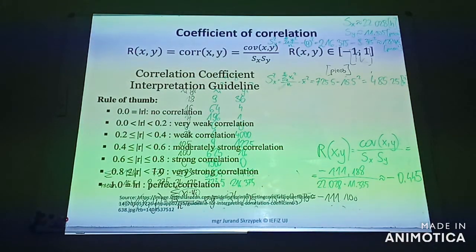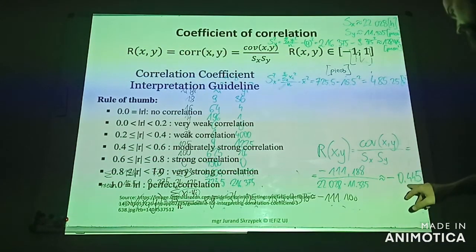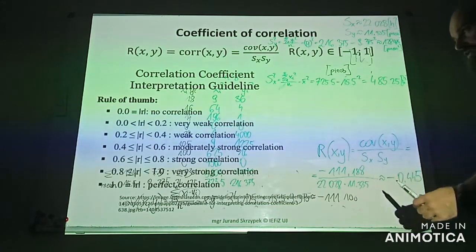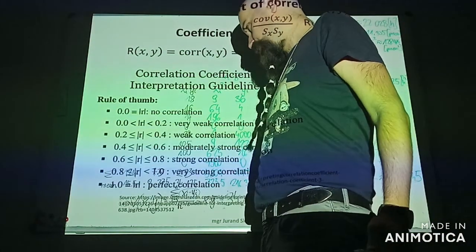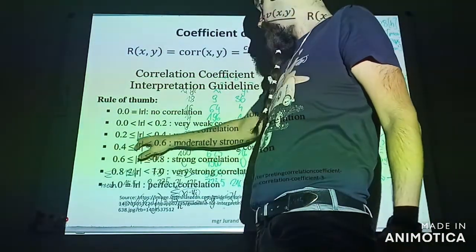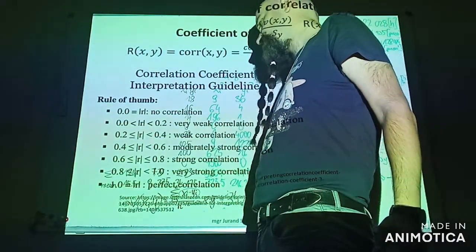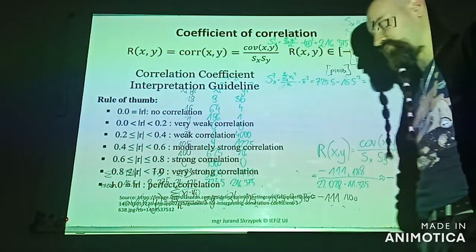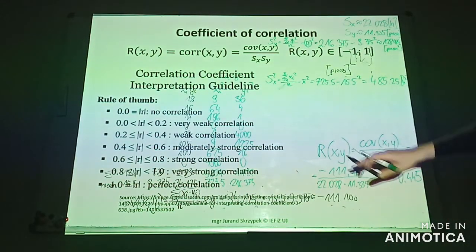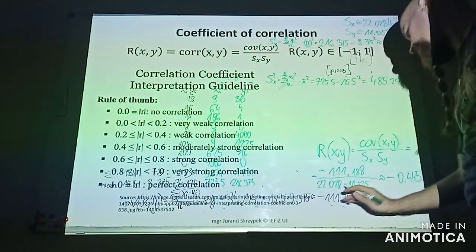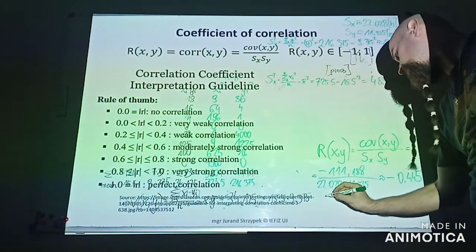Here we go back to the previous slide, and we see that the module of that value is placed between 0.4 and 0.6. So it means that we are dealing with moderately strong correlation. Yeah?